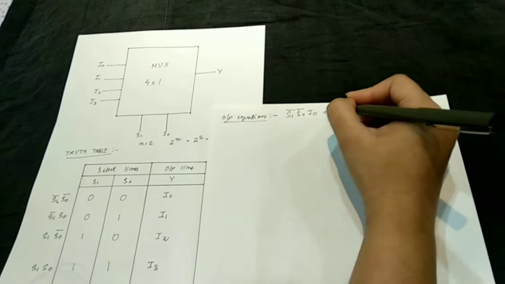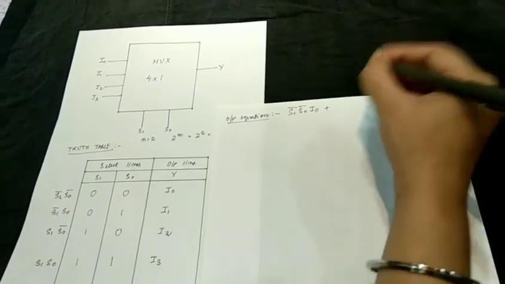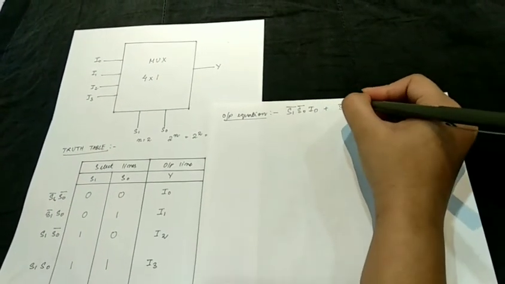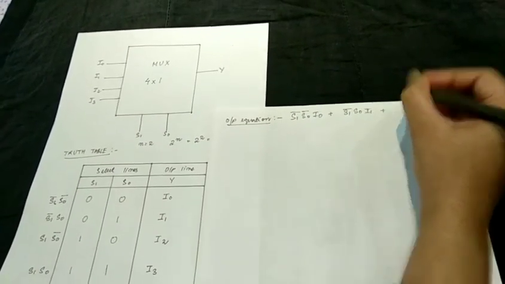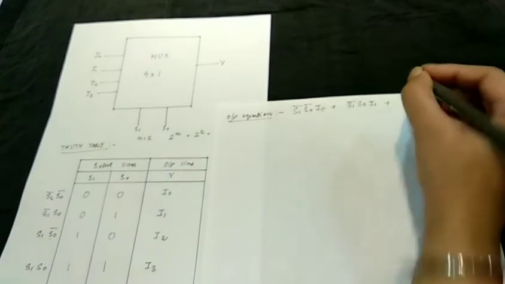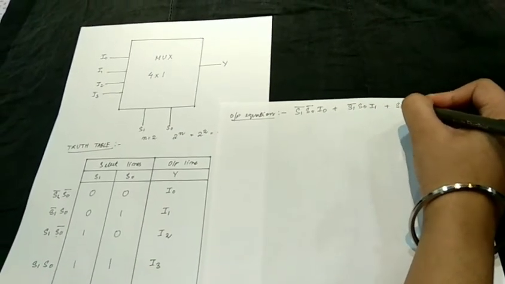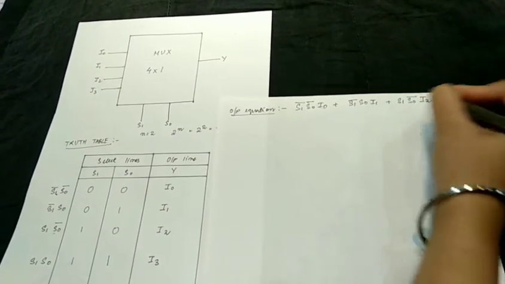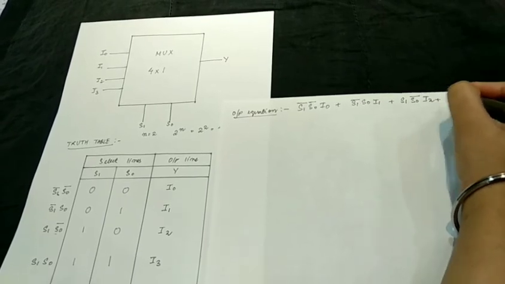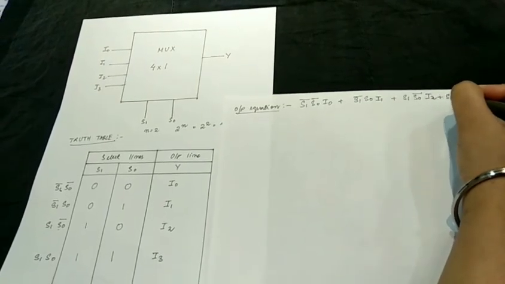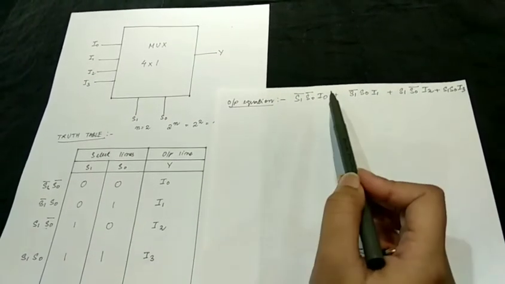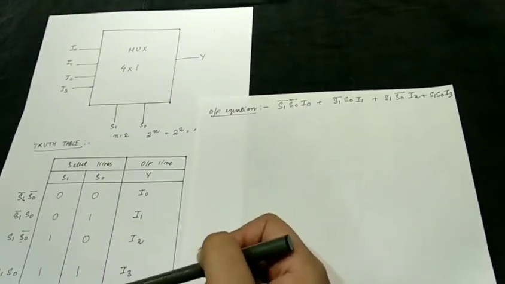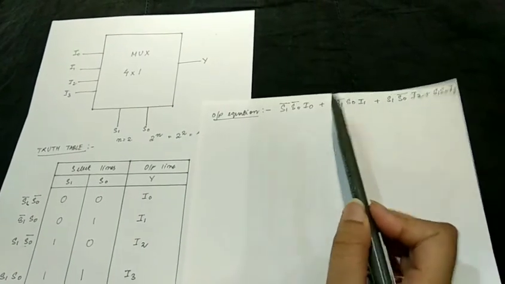The second condition will be S1 complement, S0, I1. The third condition will be S1, S0 complement, I2. And the last condition will be S1, S0, I3. So this is the output equation. Whatever we have discussed in the table, we have written it in the equation form.